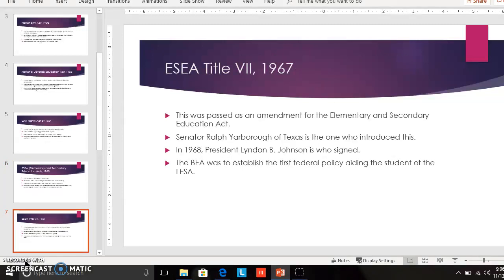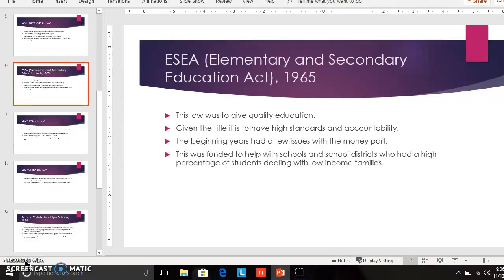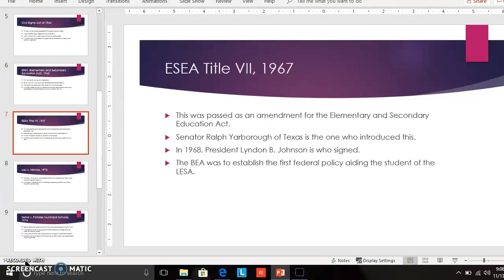Moving on, the next one I talked about was the ESEA Title 7, 1967. The ESEA, again, is the Elementary and Secondary Education Act, and this one occurred two years after the act was going.